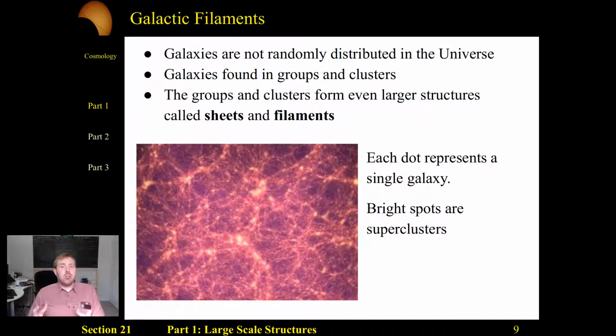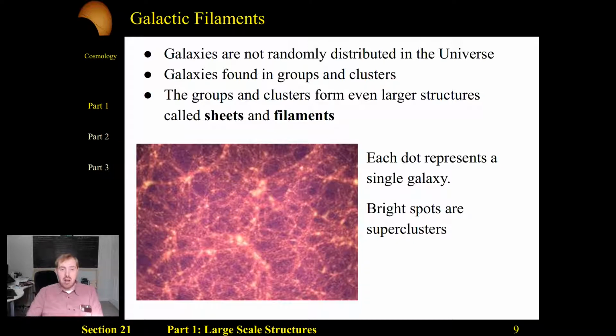So the conclusion that we've gotten to now is that, one, galaxies in the universe are not randomly distributed. They're not just sprinkled throughout the cosmos randomly. They have clustered together. More than just the clusters, they're making these filaments. Each bright spot in this simulation picture here represents another cluster of galaxies.